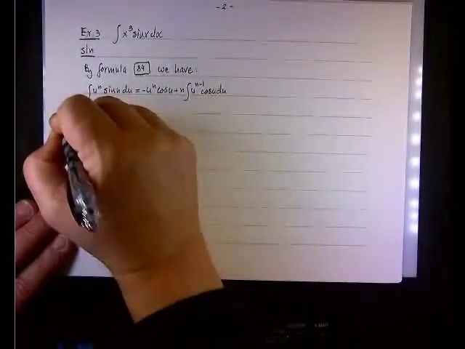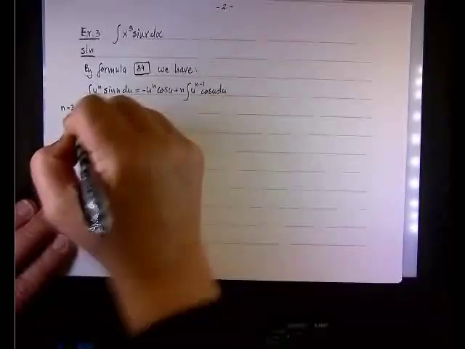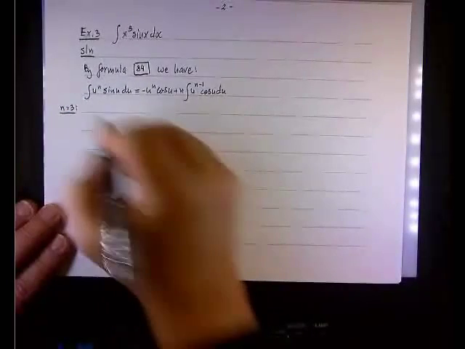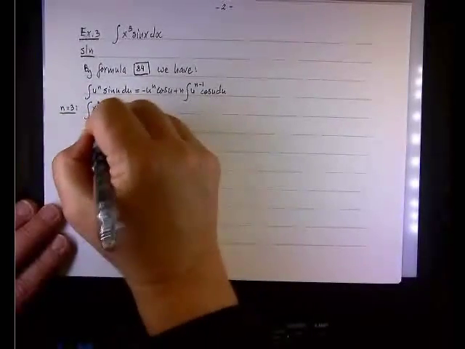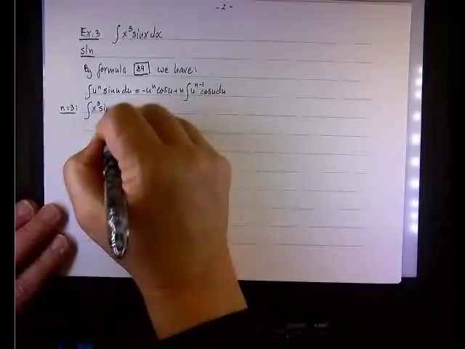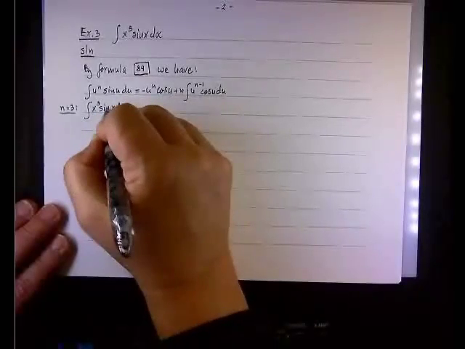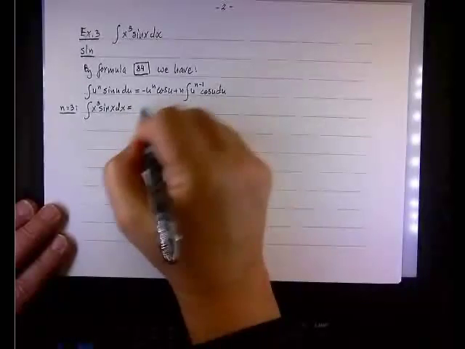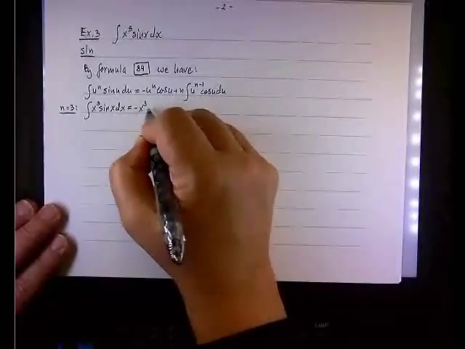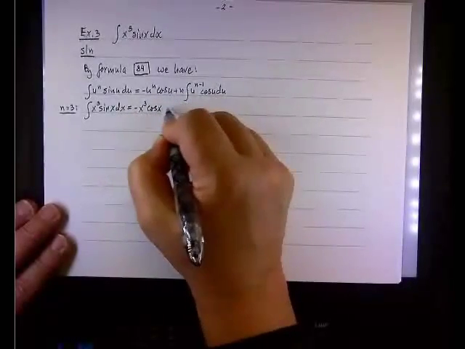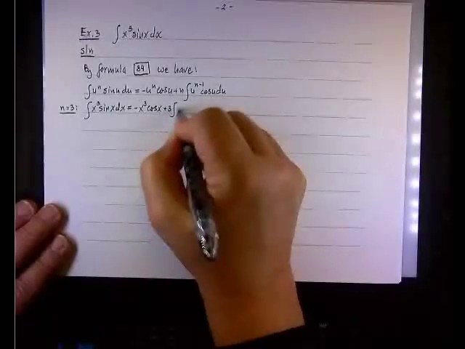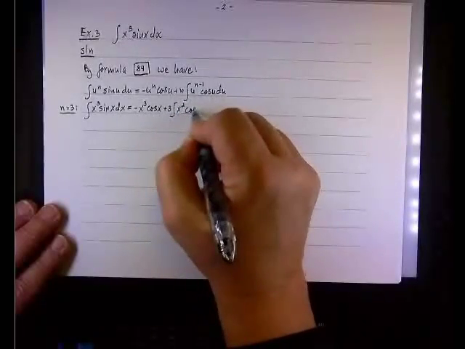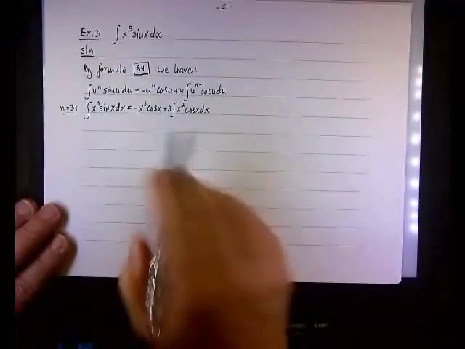step. So in this case, we have n equals 3, so we'll do the adjustment, and therefore our integral, which is x cubed sine x dx, now reads negative x cubed cosine x plus 3 times the integral of x squared cosine x dx.